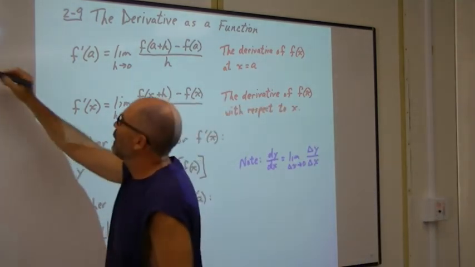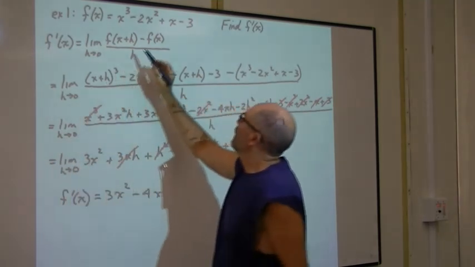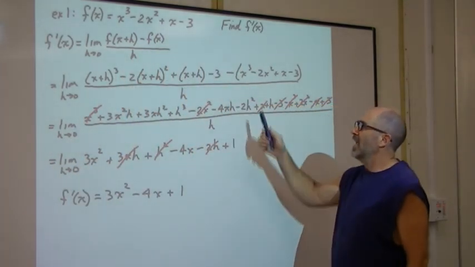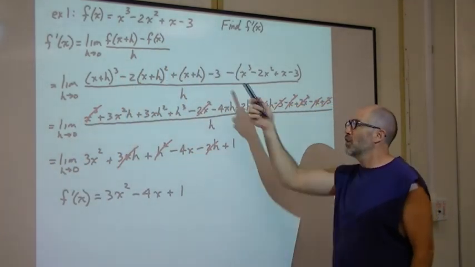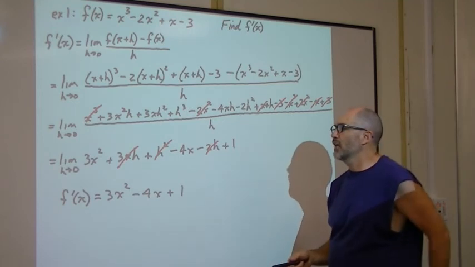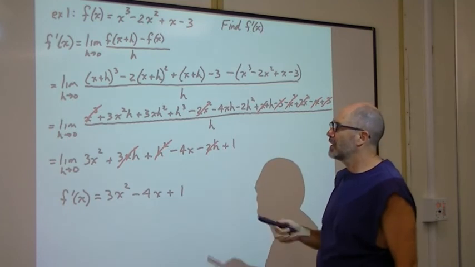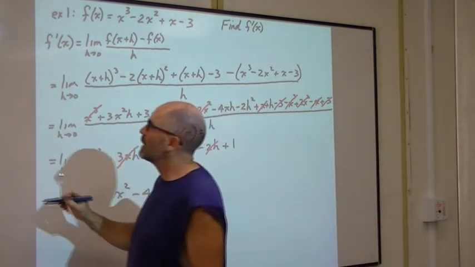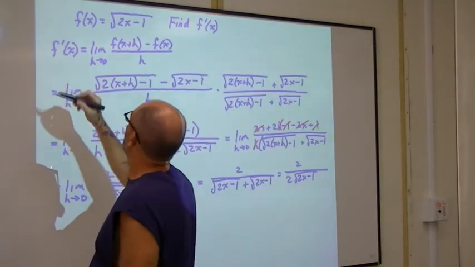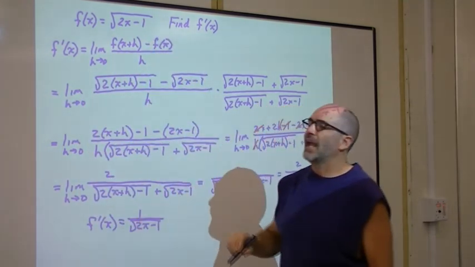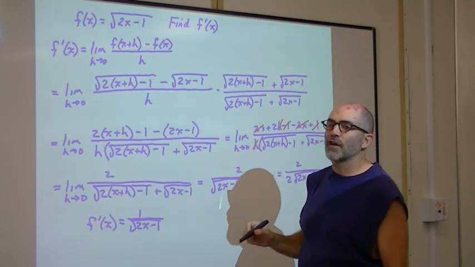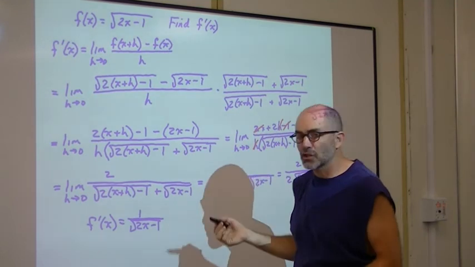Number three, you need to be able to take any function and give me the derivative using the definition of derivative, which means you're evaluating the limit as h approaches 0. And that includes polynomial function or a square root function or a rational function.